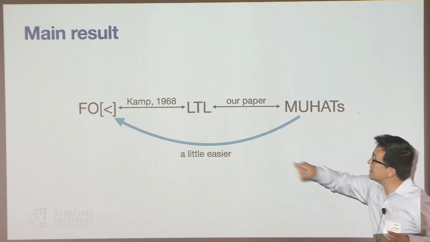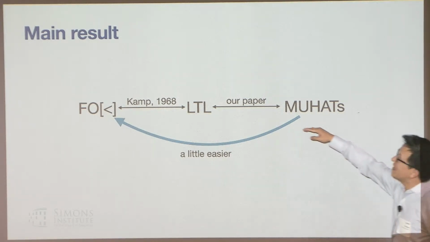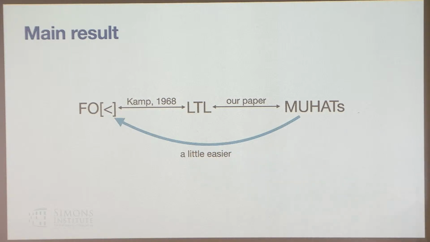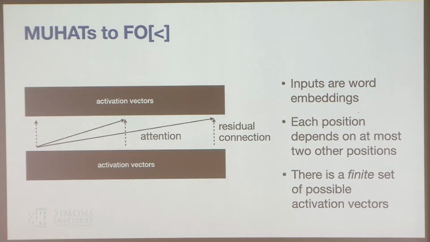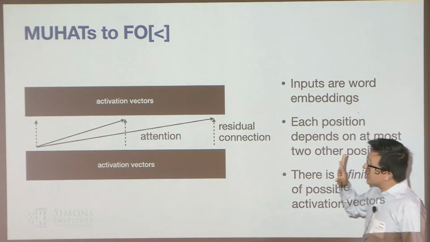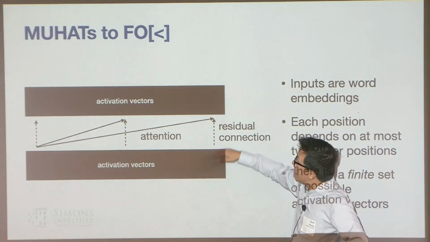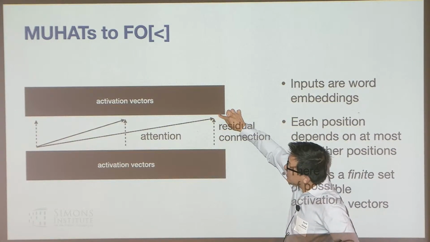All right, so to go in this direction, to do this arrow that's in the paper, there are 2 tricks that are needed. To do this arrow, you just need 1 trick. So I'm going to do this arrow that's labeled a little easier. The 1 trick that you need is, because of the way that unique hard attention works, this is a single self-attention layer, and here's a position that is attending to the previous layer.